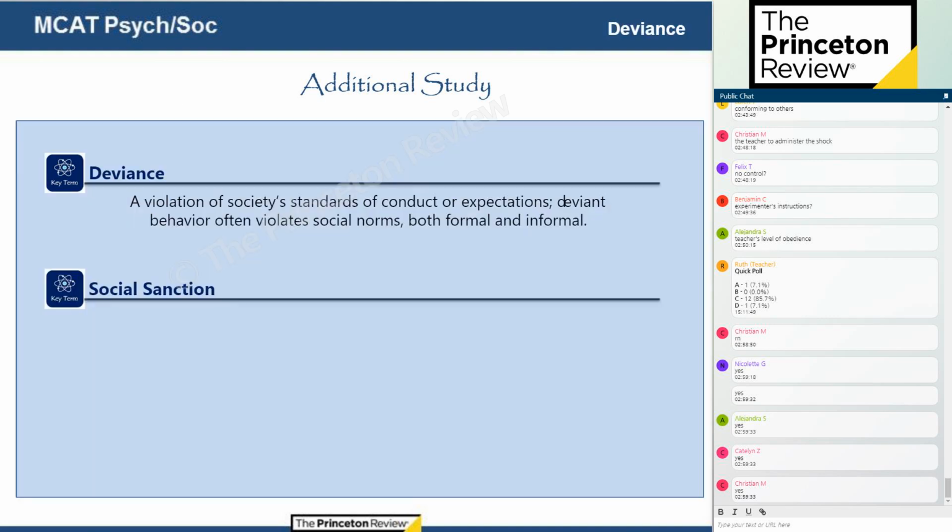So come back and take a look at that. Understand that norms are basically expectations about behavior. So deviance is what we call it when people don't comply with the norms, when they violate those expectations.